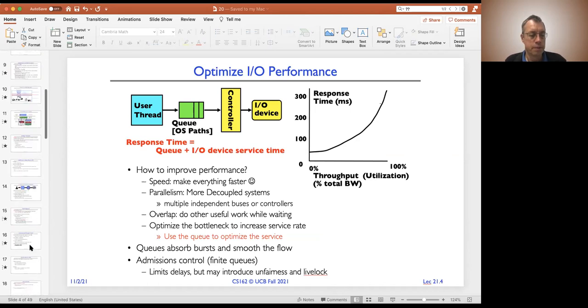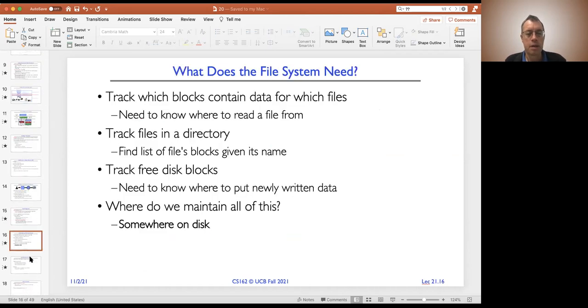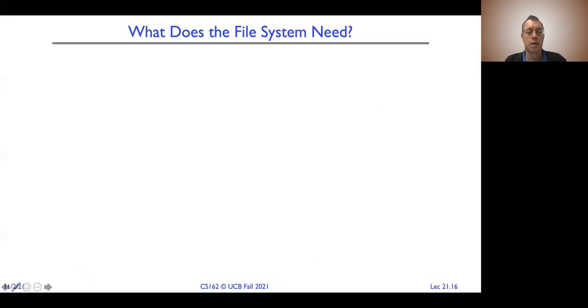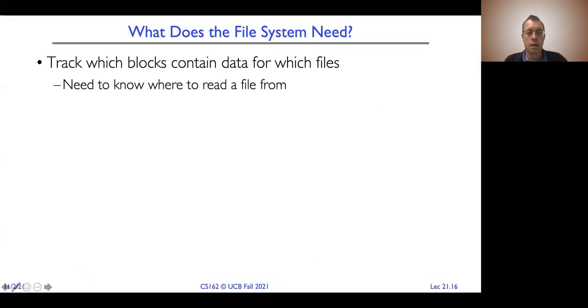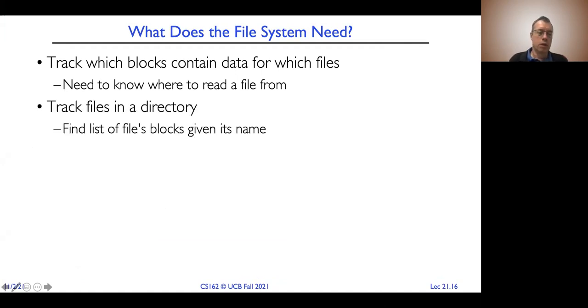Okay, let's go back. So what does a file system need? If you design a file system, what do you need to be careful about? You need to track, for a file, which are the blocks containing the data from that file. For a particular file, you need to know which directory contains it.